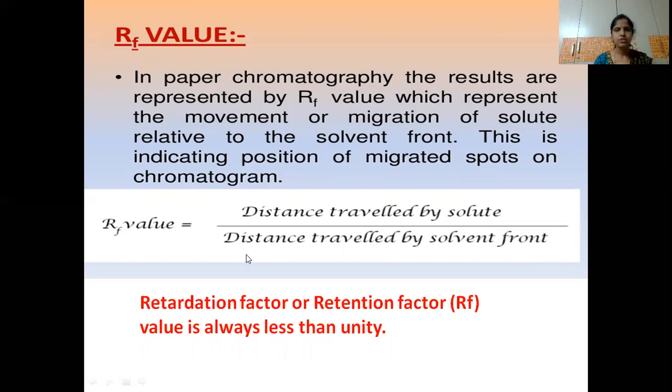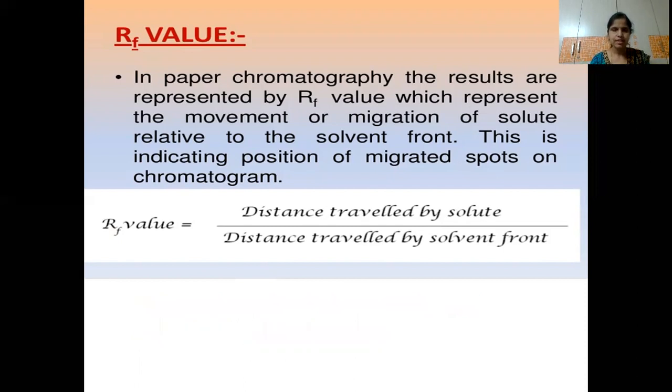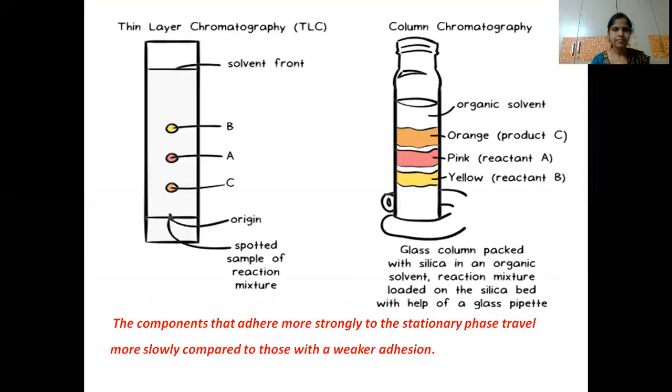RF is equal to the distance traveled by the solute divided by the distance traveled by the solvent front. The solvent front is nothing but the distance traveled by the solvent from the origin. In the previous slide, this is the TLC.